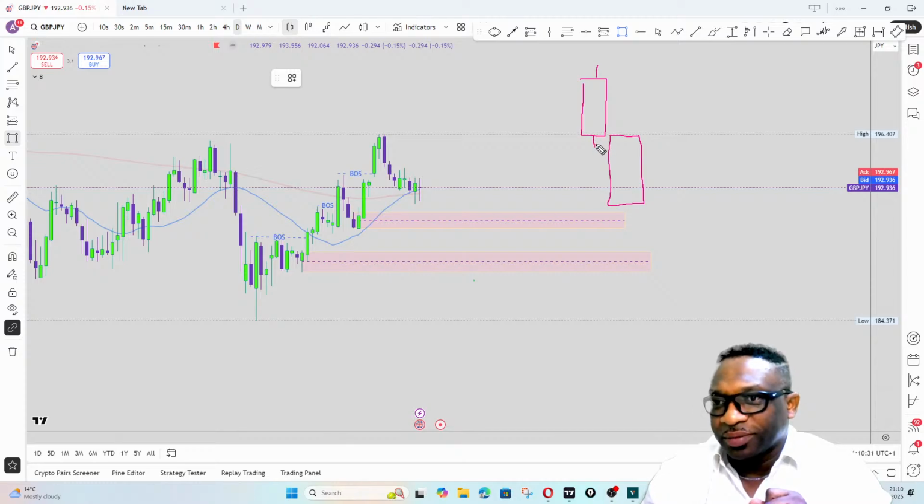It came down here, pushed up and closed here, and the next candle started from here. Probably gave a little wick here, and the next candle continued going down, came down here with this wick, and then pushed up and closed at this level. So the next candle also continued from this point on. I'm just using this as an illustration to better explain what an imbalance is, or what a fair value gap is.